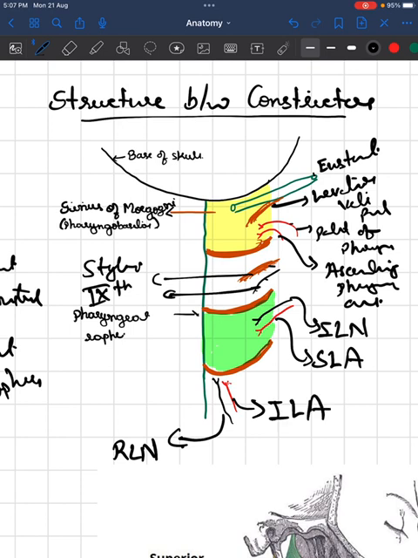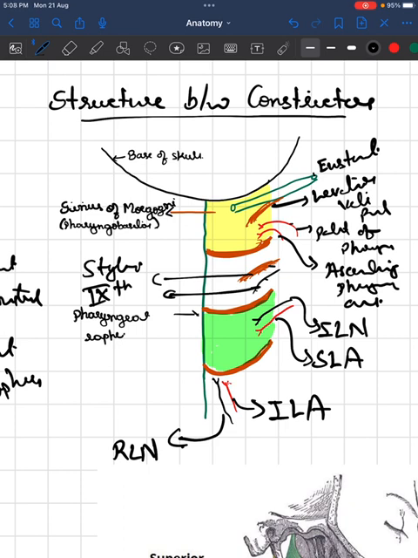One is the recurrent laryngeal nerve and the other is the inferior laryngeal artery. Once again, I will tell what structures lie between the constrictor muscles. In the sinus of Morgagni, we have four structures: eustachian tube, levator veli palatini, palatine branch of the pharyngeal artery, and ascending pharyngeal artery. Between the superior and middle constrictor, we have the stylopharyngeus muscle and glossopharyngeal nerve.